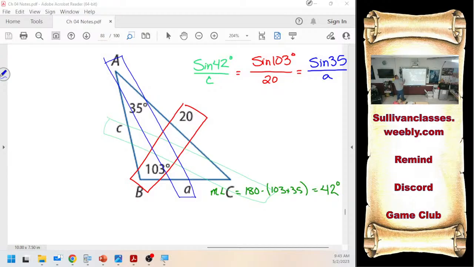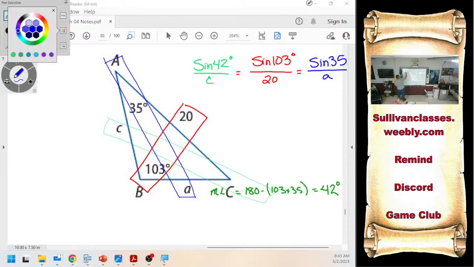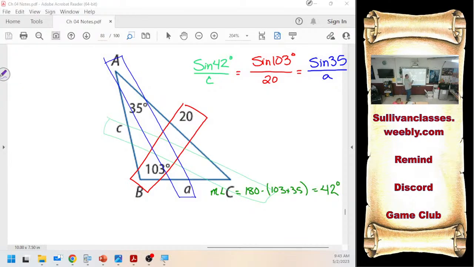If you need to separate that into two different ratios because that's just too much stuff going on at once, that's okay.